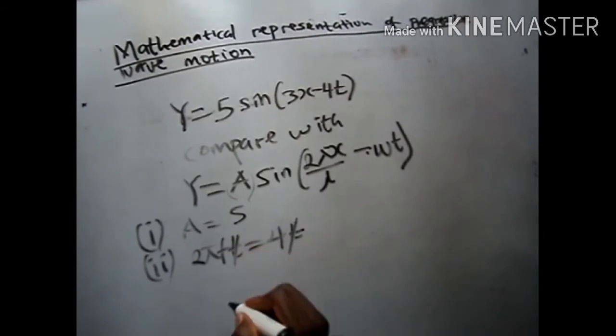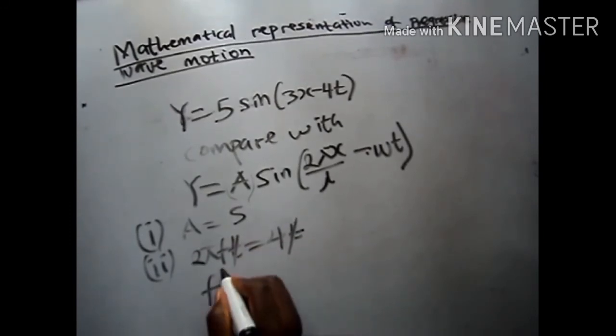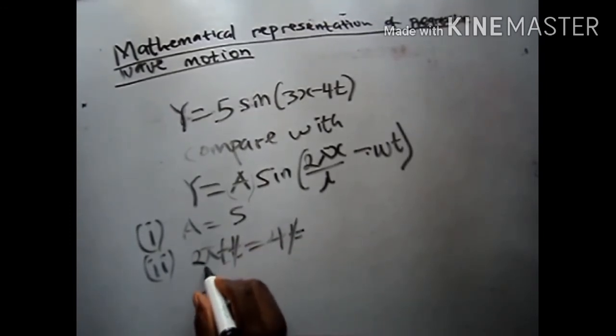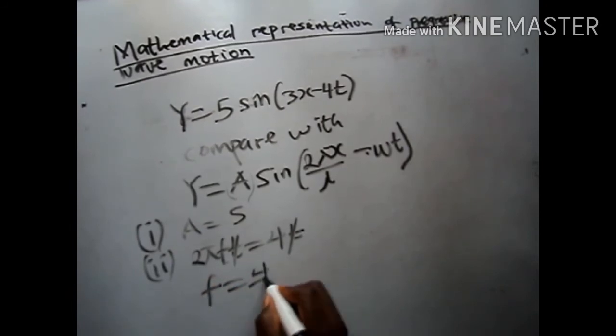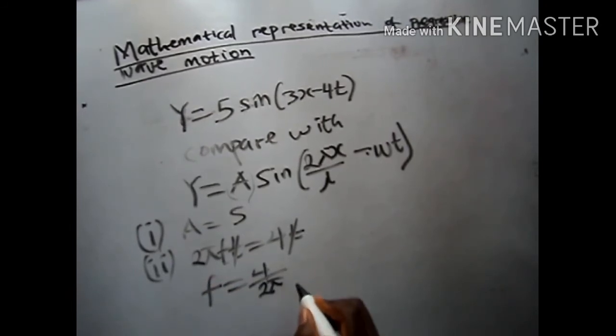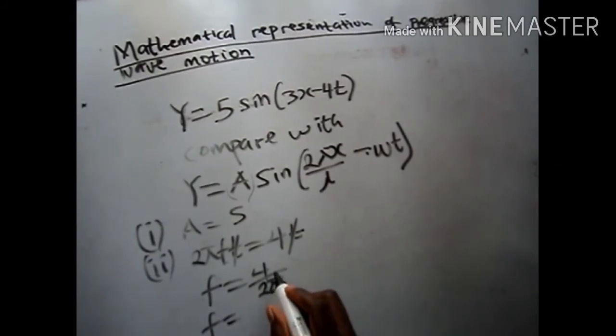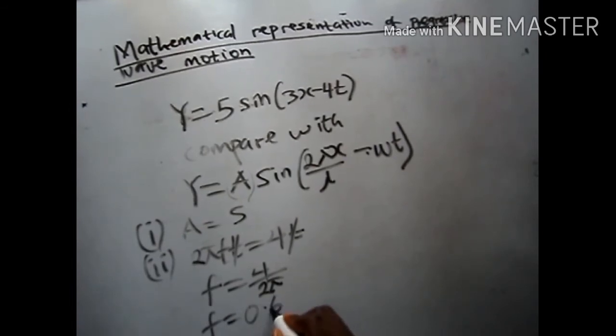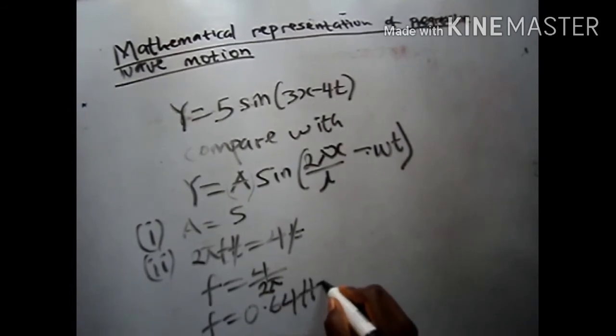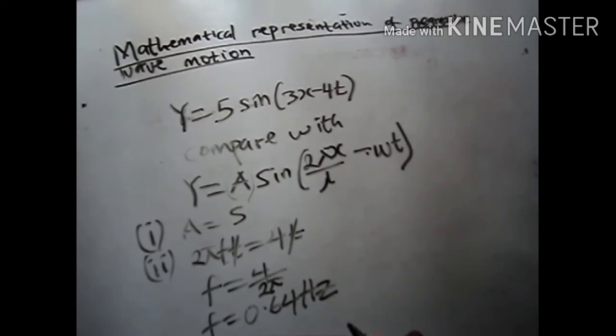Divide both sides by t, this cancels out, then f equals, dividing both sides by 2 pi, 4 divided by 2 pi. When you punch this on your calculator, you have about 6.284. Then 4 divided by 6.284, you have 0.64. Then you remember your unit, hertz.